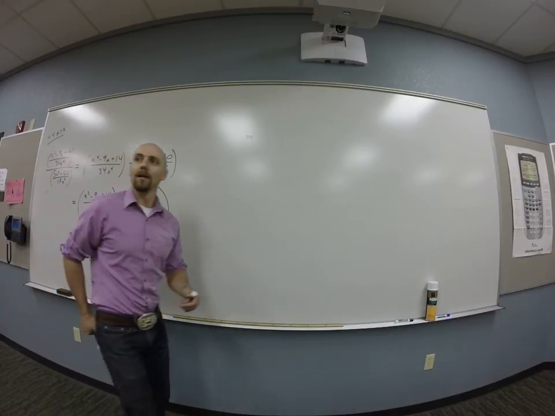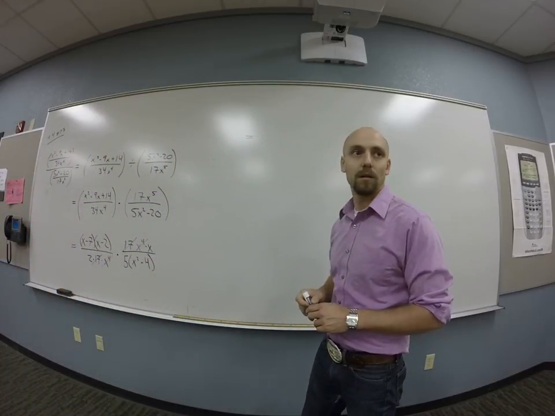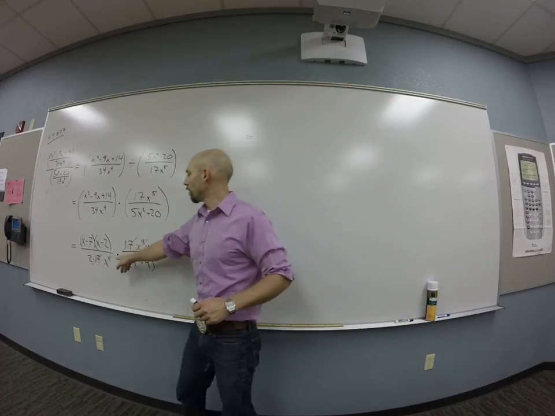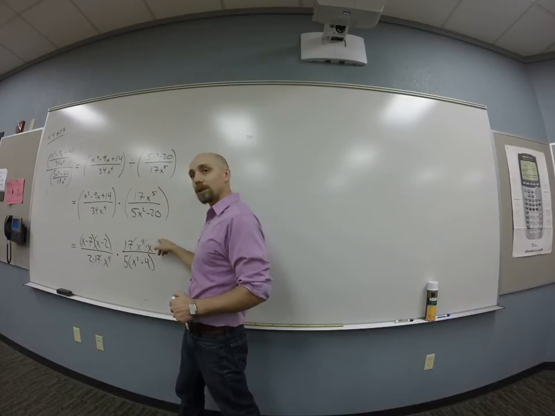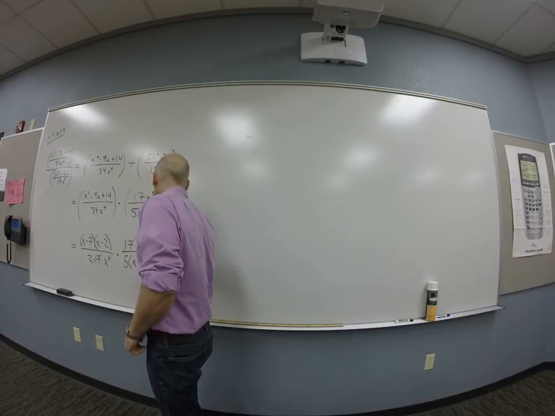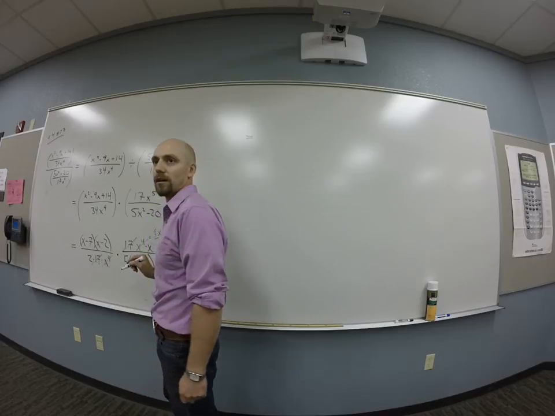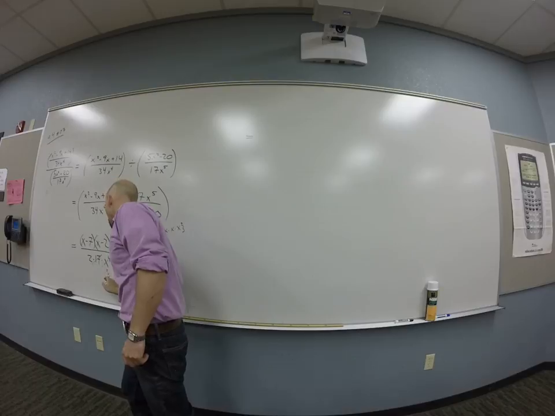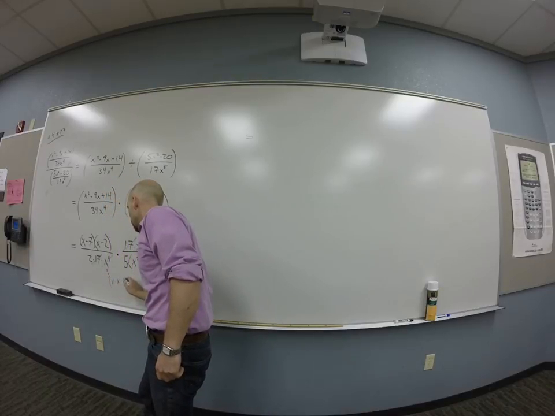Why did you leave it x to the 4th times x instead of just writing x to the 5th? I could have, right? I would have simplified that way if I had written this as x times x times x times x times x. That's the same thing as thinking about this in the same way.